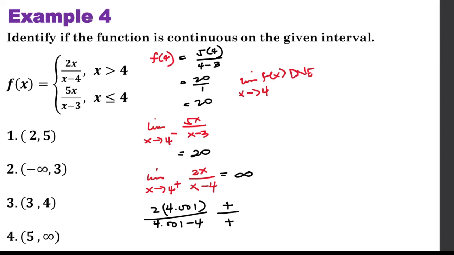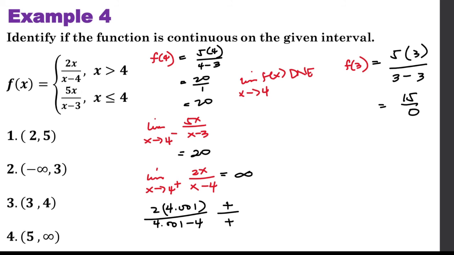Because when we substitute 3 to our denominator, for example, let us try to have f of 3 for 5x over x minus 3. So we have 3 minus 3, and therefore f of 3 would be 15 over 0, which would give us undefined. And because of this, we can say that we are also discontinuous at x is equal to 3.